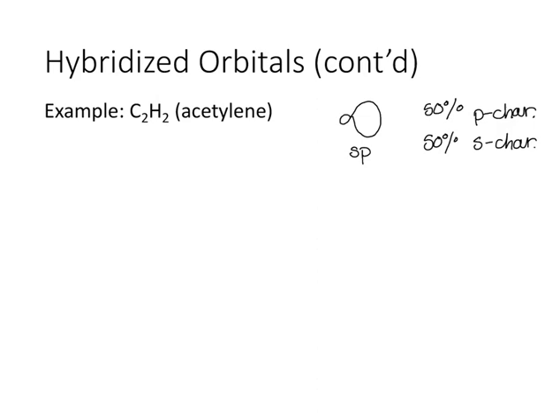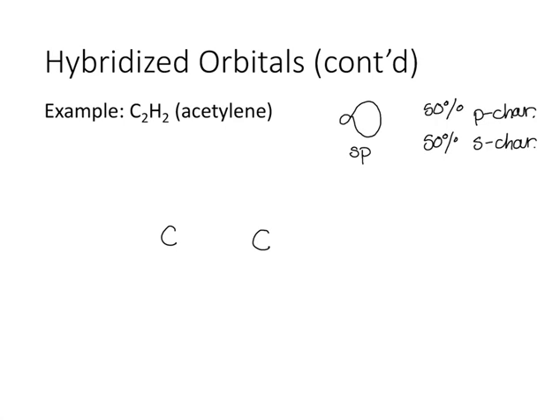So it looks a little weird, but if we then try to piece together our molecule here, each carbon will have 2 sp hybrid orbitals.